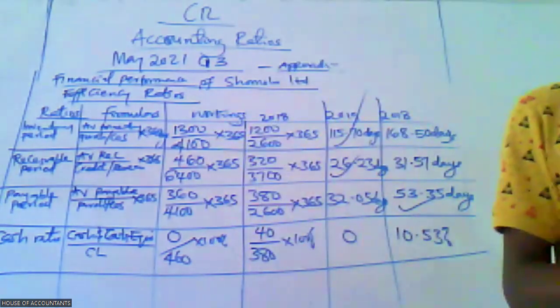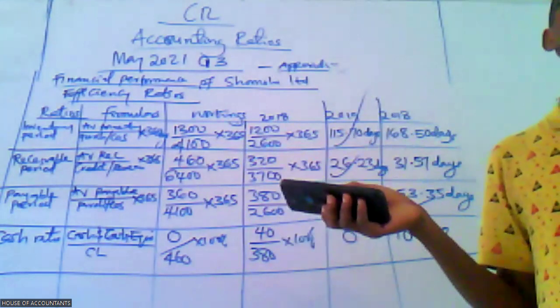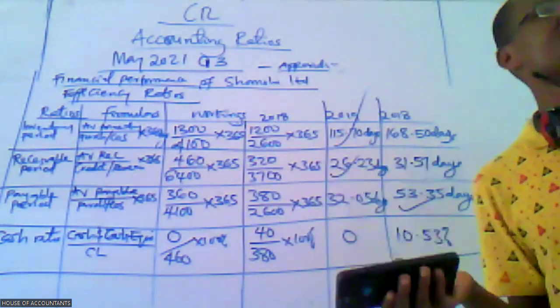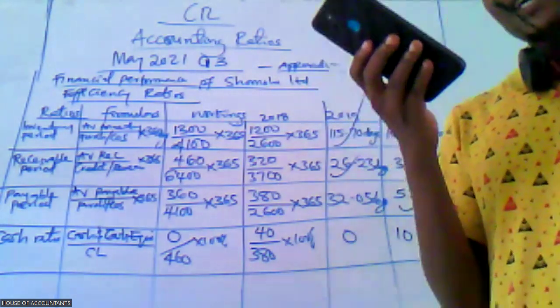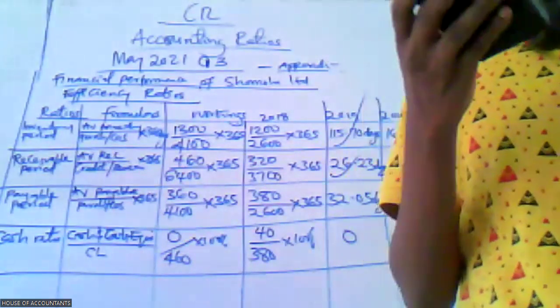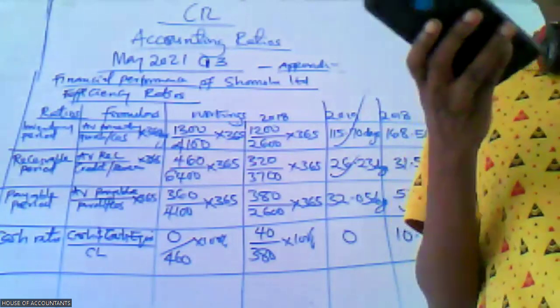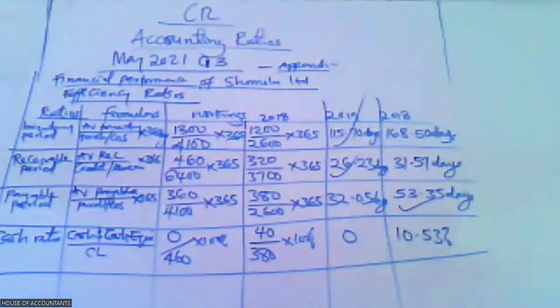Don't forget the calculation. If you do all this calculation, they can give you like 7 marks, and the interpretation can also be like 7. Out of 20 marks, this one is 14, because question 1 is divided into 3.